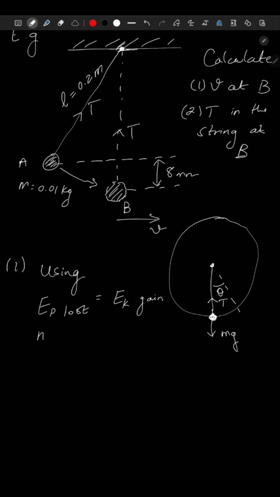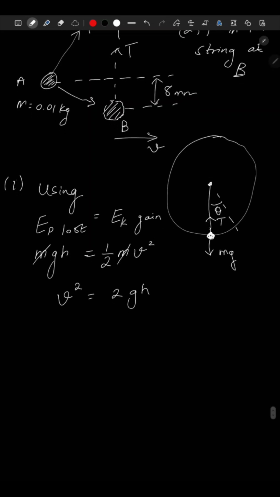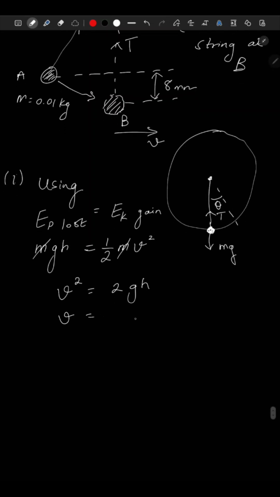Therefore, mgh is equal to half mv squared. So this v is at B. We can cancel the mass and put v as the subject, v equals the square root of 2gh, and just substitute the value.